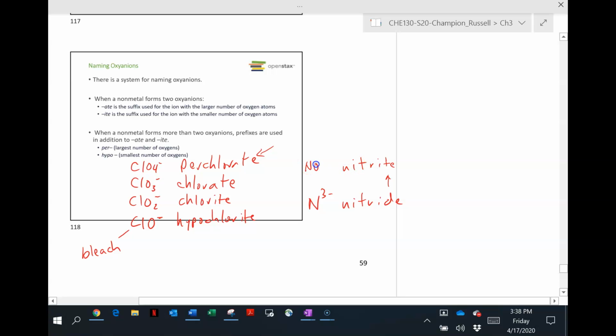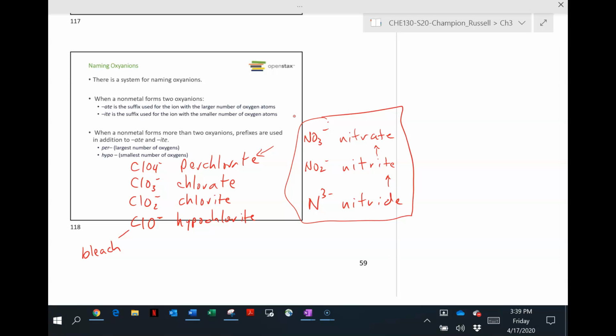Nitrite is NO2 minus 1. Now I'll change one more letter. Change the I to an A, and that becomes nitrate. That's NO3 minus 1. This is one of the reasons chemistry is hard: a very minor change in spelling has quite a bit of change in terms of the formula and the properties of something. So you want to be careful about that.